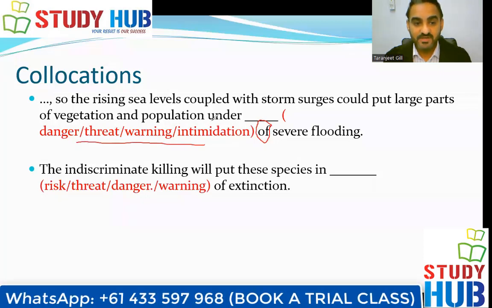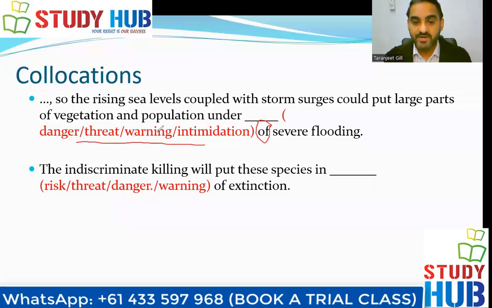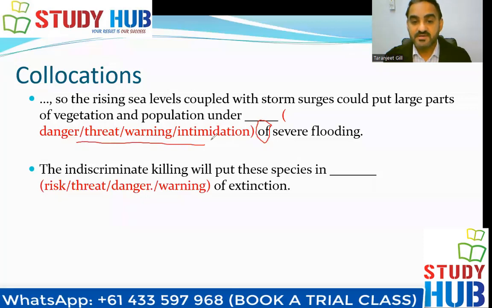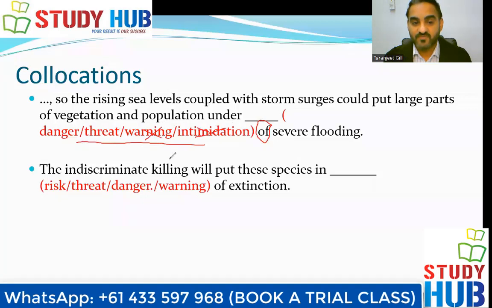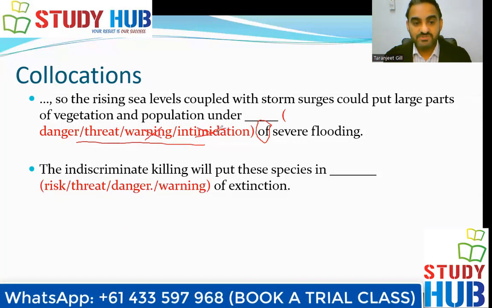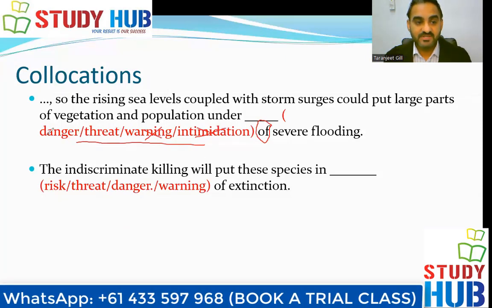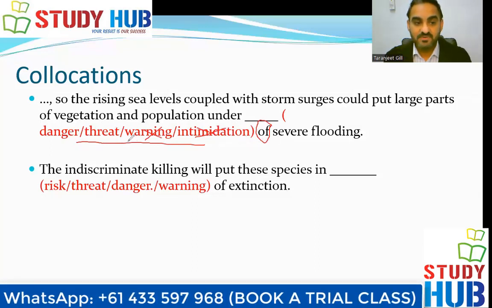So if we look at this one here, under danger of severe floods, under threat of severe floods, under warning of severe floods, or under intimidation of severe floods. So this doesn't make sense. Warning does not go with of. We don't say warning of severe floods. So these two words will not make sense. Either we can go with danger or threat. Now what is the word that is used with of? Danger of, threat of, well, pretty much everything.